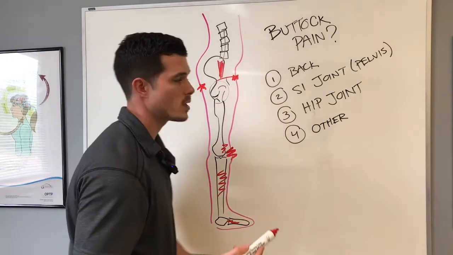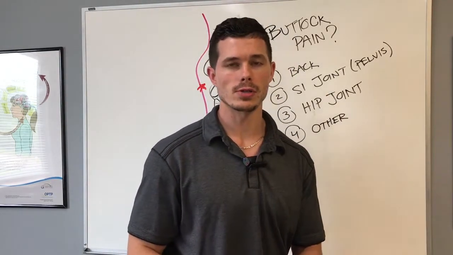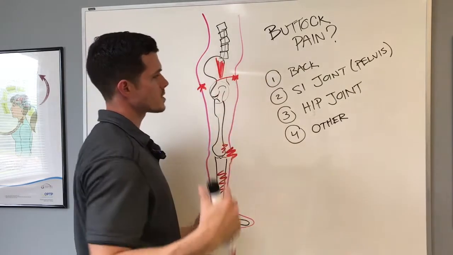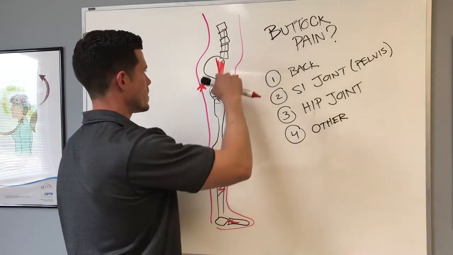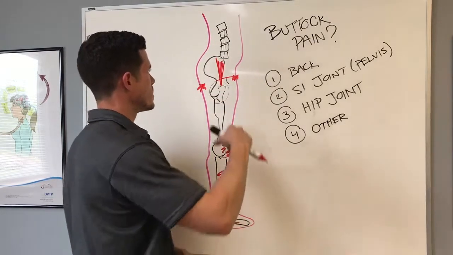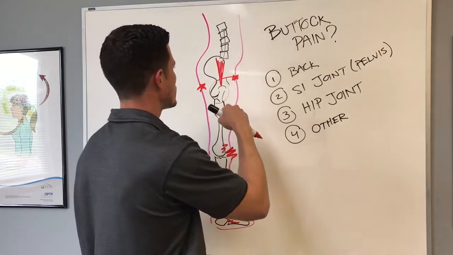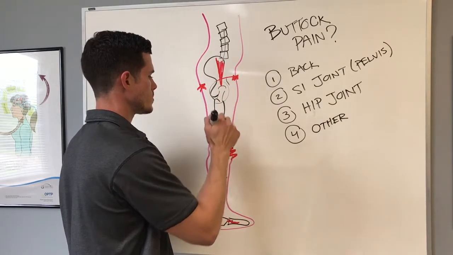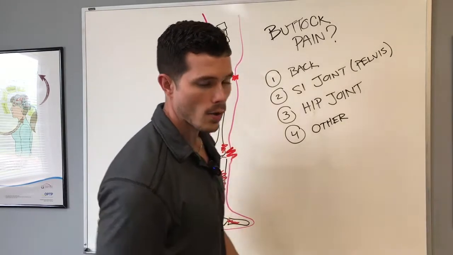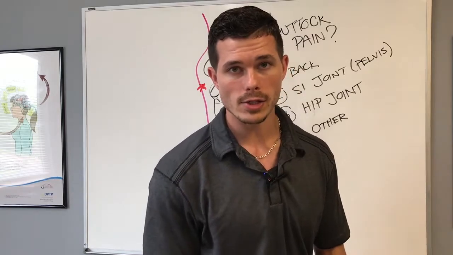We also see it when the hip's not functioning well and some of the muscles get overworked. There is a buttock muscle on the side that goes from the top of the hip up to the side of the pelvis. When it gets overworked or irritated, it can send signals down the outside of the leg all the way to the outer shin and the top outside of the foot.